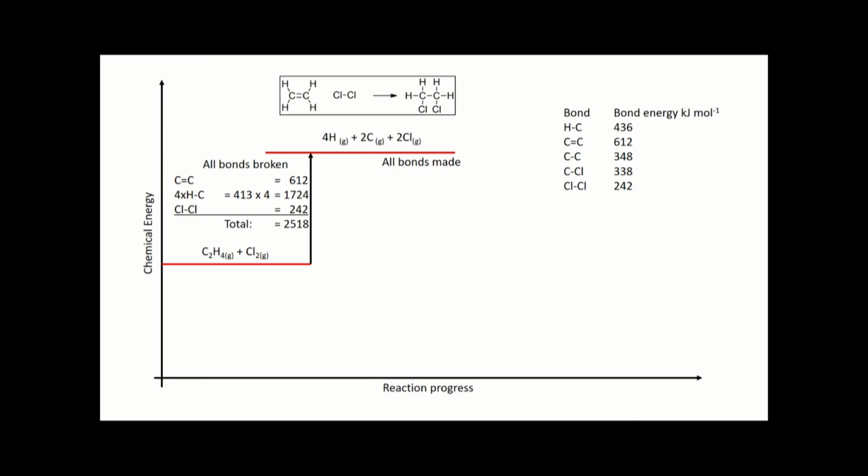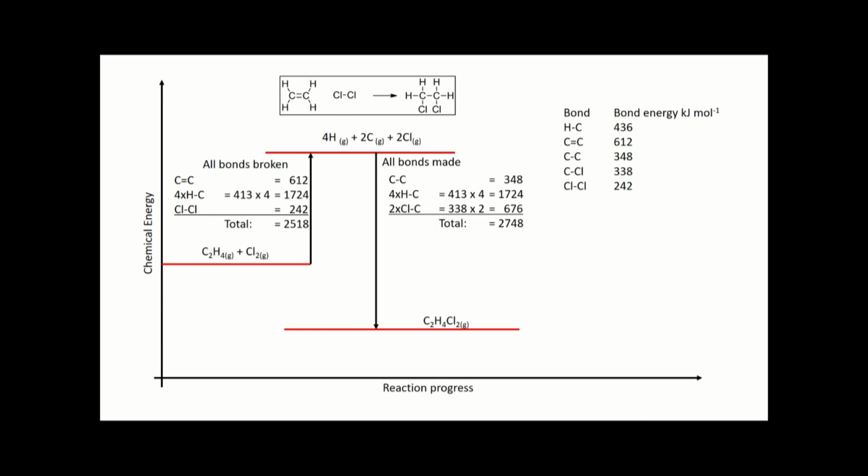We've now got a CC bond being formed, which is 348, that's in the table, and we've got the 2 C to Cl bonds which are formed, so that's 2 times 338. If we put that in a table, we can work out that the total there is 2748, and because that is a larger number in the bonds made than the bonds broken, we know that this must be a larger arrow going downwards, and therefore it's going to be an exothermic reaction.